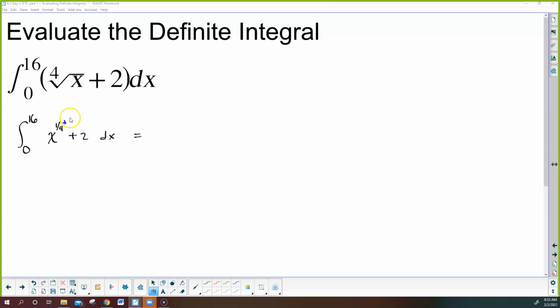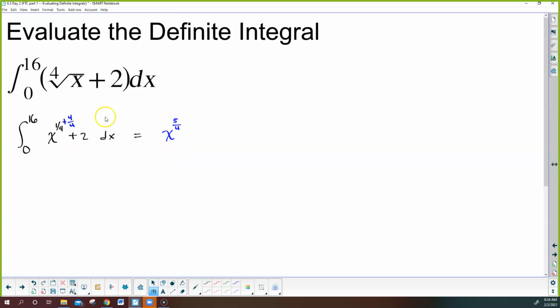So instead of adding 1 like this, I'm going to change that 1 to a better form of 1. We're going to add 4 over 4. That's still 1, but that helps me kind of identify. I get x to the 5/4.